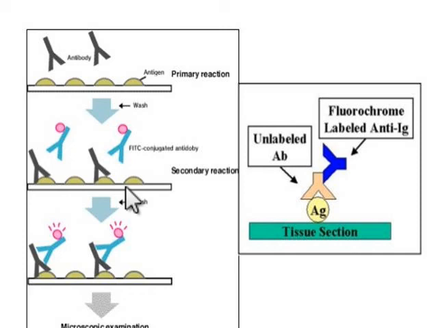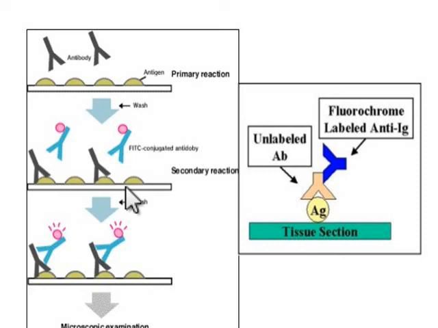Next we add the fluorescent labeled antibodies, and these fluorescent labeled antibodies attach to the polysaccharide antigen. First lymphocytes are producing the antibodies that are linked to the antigen of pneumococcus, and these are then again linked to the fluorescent labeled antibodies.